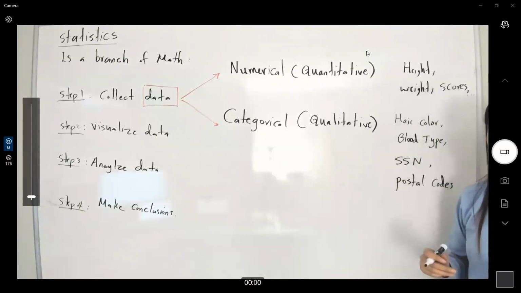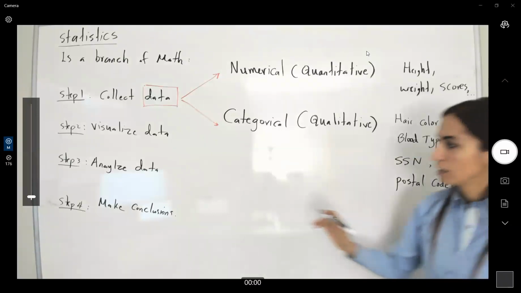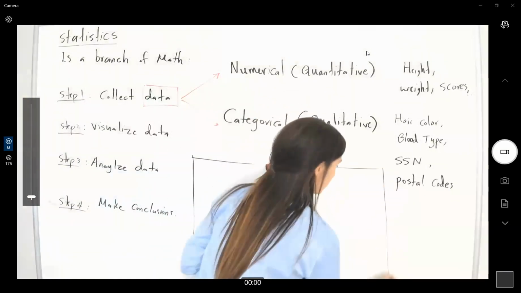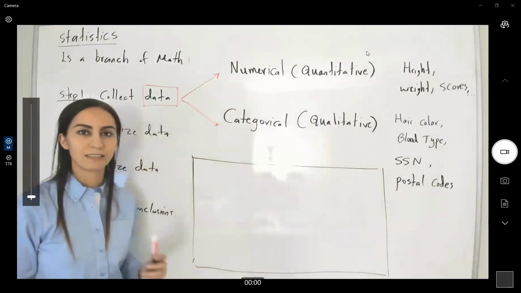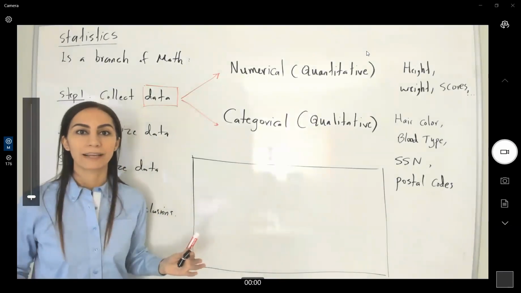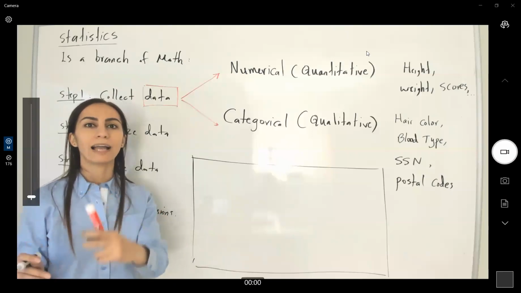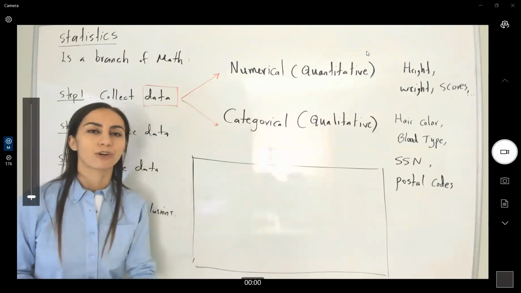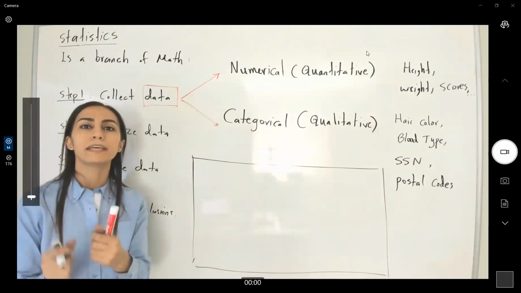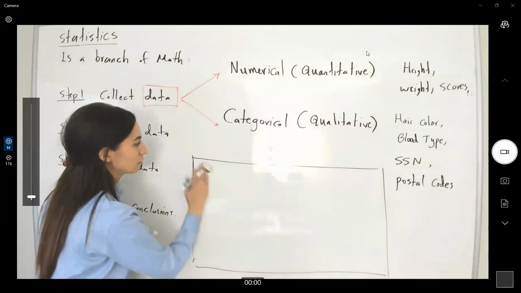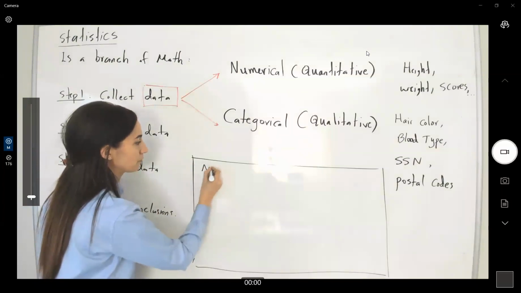Why is that? So note that we say a collection of data is numerical if you can do algebra, and the algebra gives you meaningful information.